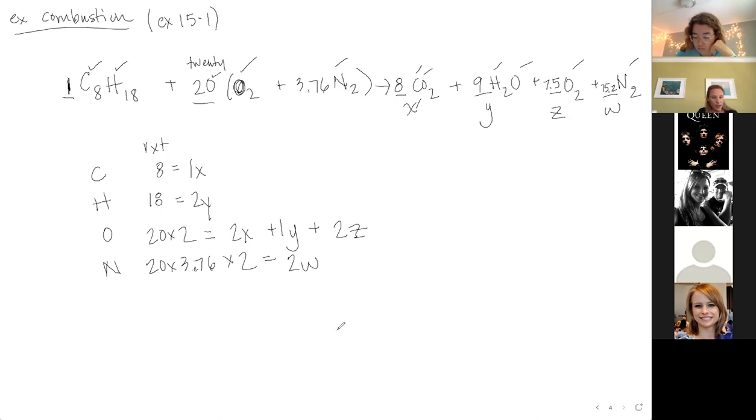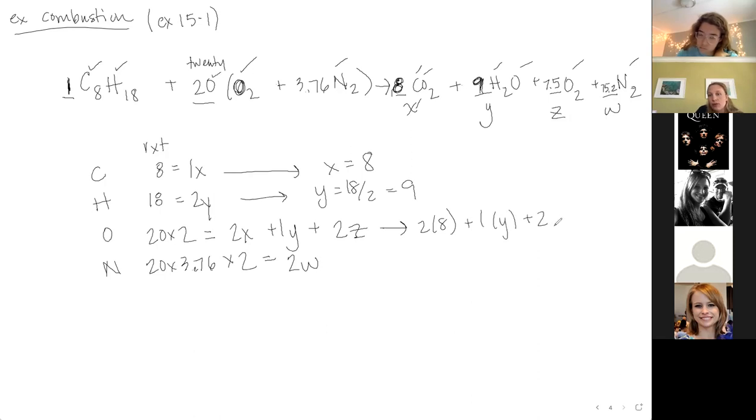So then I know that X equals 8. That's the only consideration I have to make. I know that Y equals 18 divided by 2, which is 9, which is my 9 here. I know that 2 times 8 plus 1 times Y plus 2Z has to equal 40.